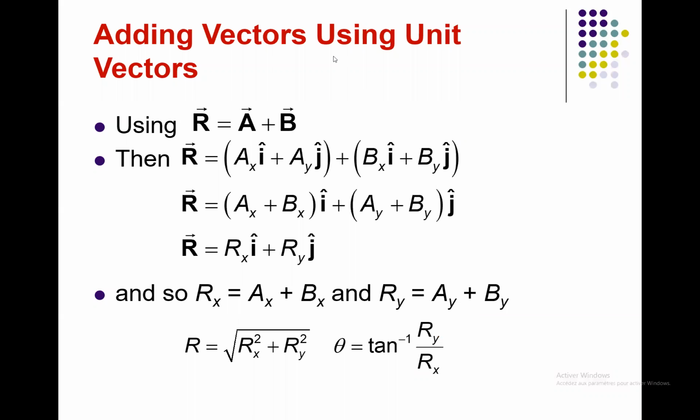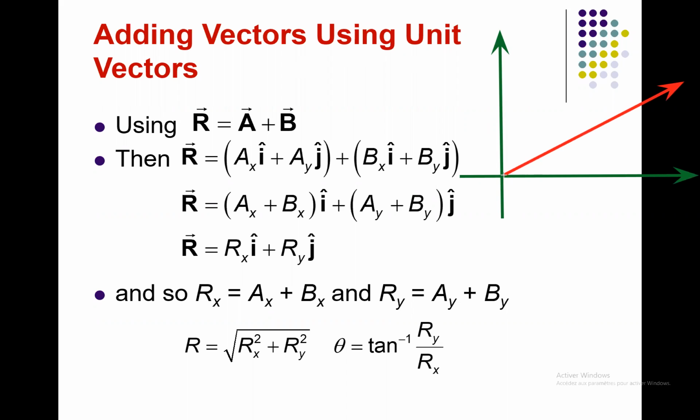We have the y-axis, and here we have the x-axis, and here we have, for example, A, and here we have B. So here it's A vector and here it's B.